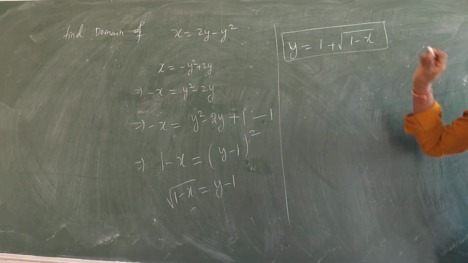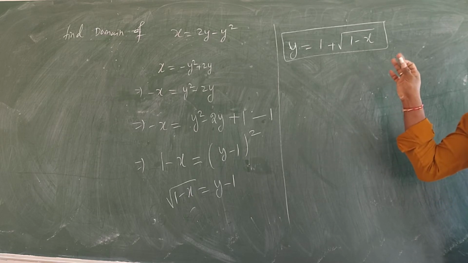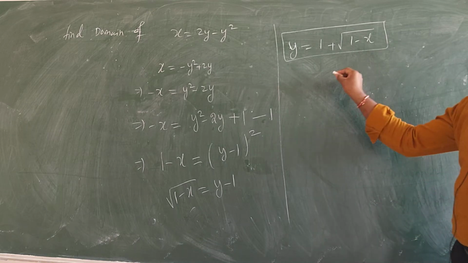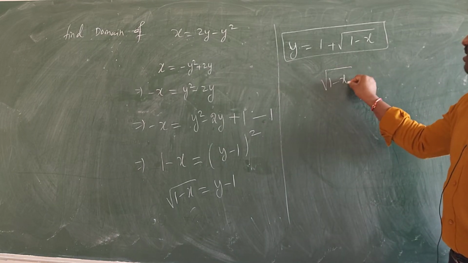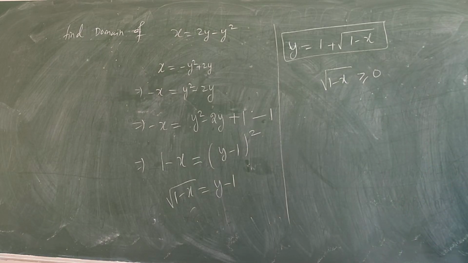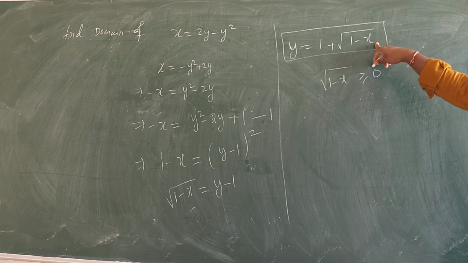So you want to find the domain. What rule should be applied? Square root should be greater than or equal to 0. So can I write under root of 1 minus x greater than or equal to 0? That is the condition. If it should be defined, then the square root should be greater than or equal to 0.